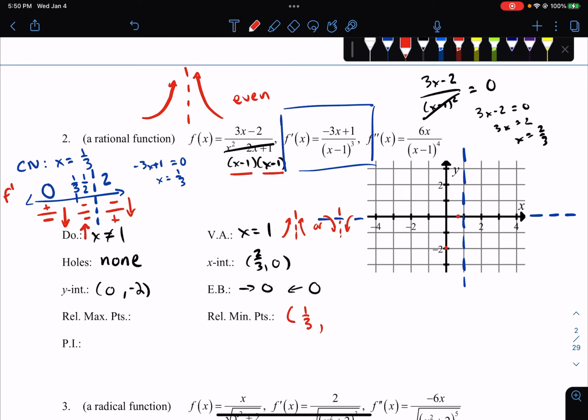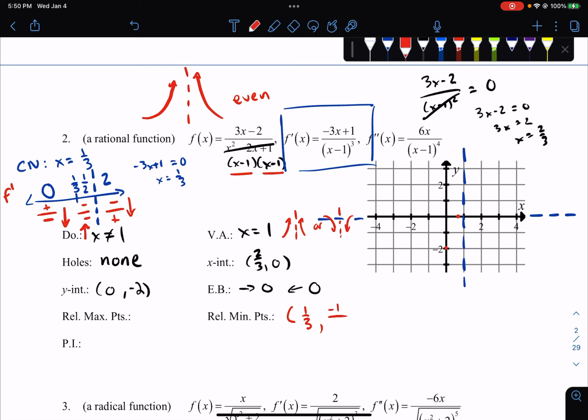So if I plug 1/3 into my original function, take this 1/3, plug it in here, you end up with what on top? 1 minus 2, so that's negative 1.